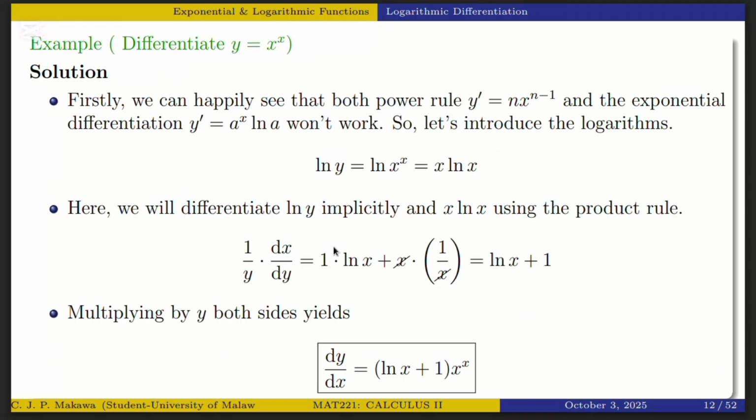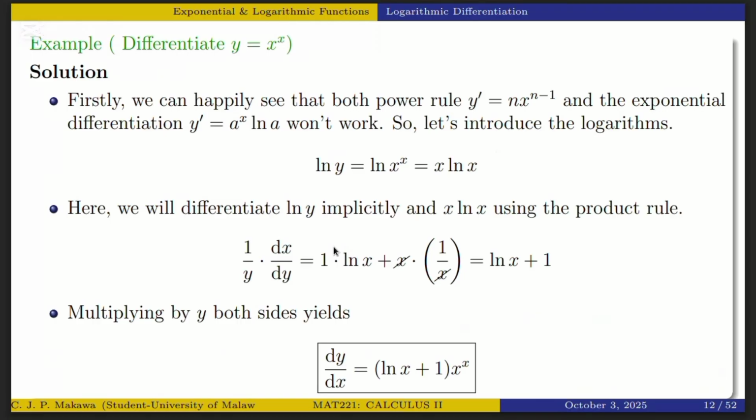So x to the power n, where n is a constant, we can apply the power rule. But in this case, the power rule can't be applied. And also the exponential differentiation of a to the power x, where we have a to the power x times natural log of a, can also not work because the base is not a constant. In that case, both the base and the power are variables.